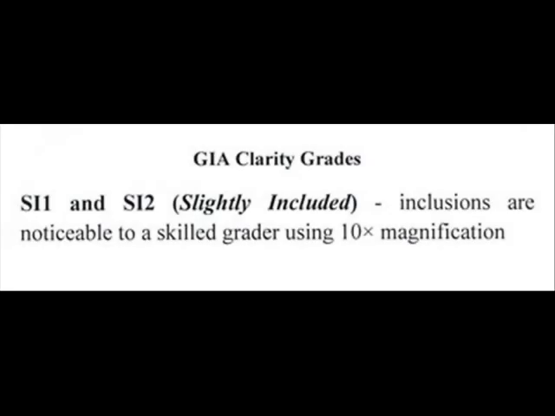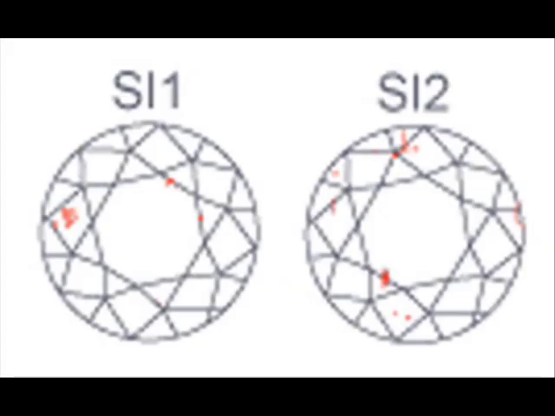Slightly included clarity grades are diamonds where the inclusions are noticeable to a skilled grader using 10 power magnification. The difference between SI1 and SI2 is that in the SI2 it's much more easily noticeable and may even be visible from the back of the diamond with the unaided eye.